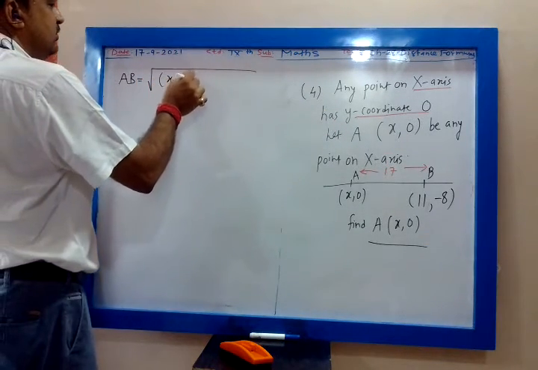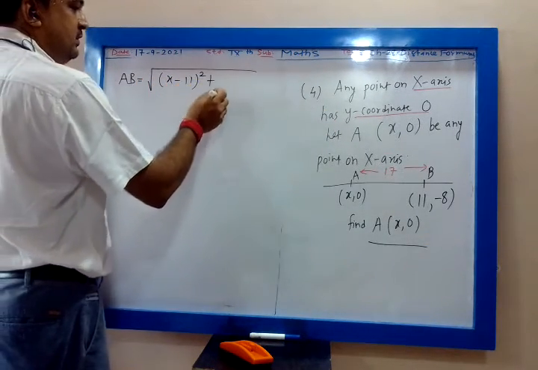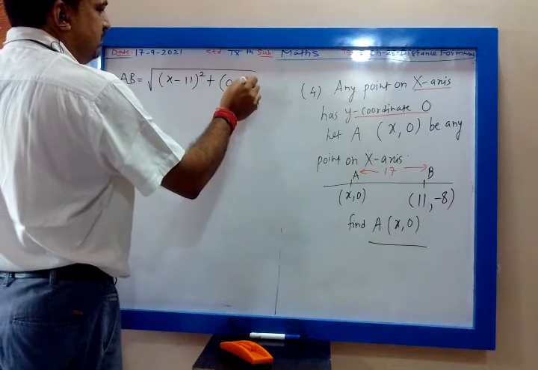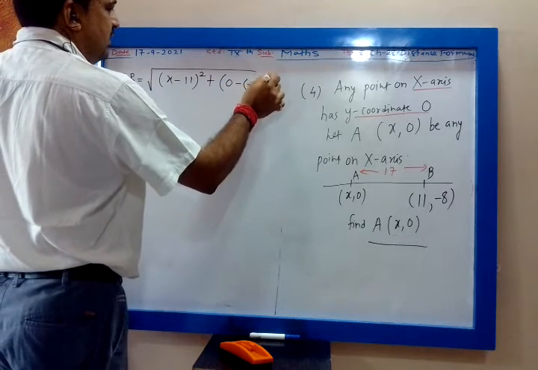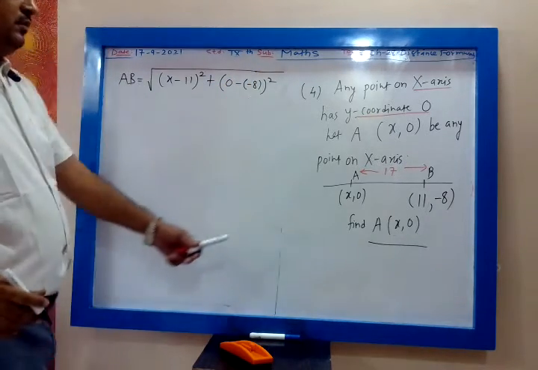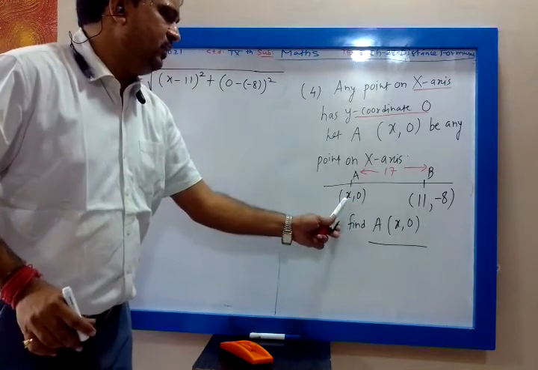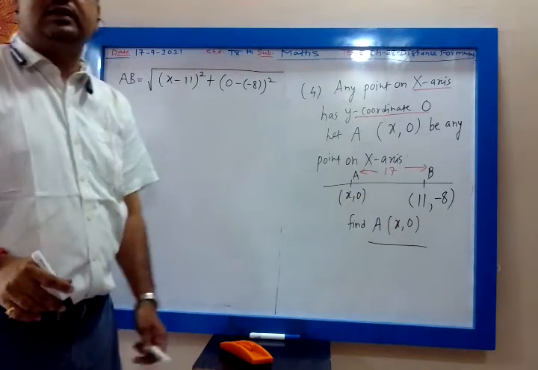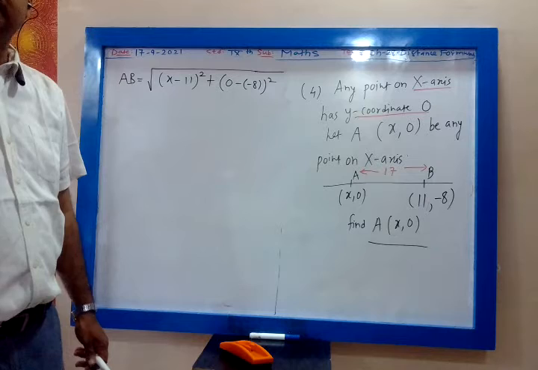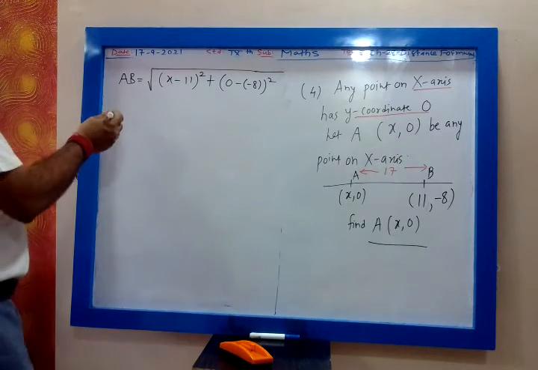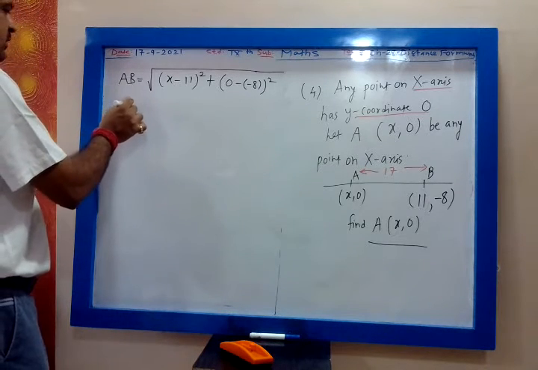(x minus 11) whole square plus (0 minus minus 8) whole square. Whether you write x2 minus x1 or x1 minus x2, they are the same because (a minus b) whole square is the same as (b minus a) whole square. AB is given 17.